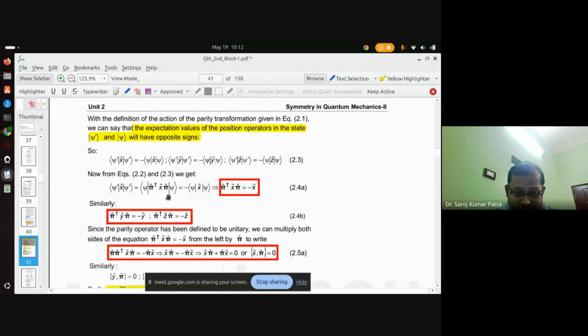Now, for this to be equal to minus of psi x psi, that means this pi dag x pi must be equal to minus x cap. So, this is the property of the parity operator.